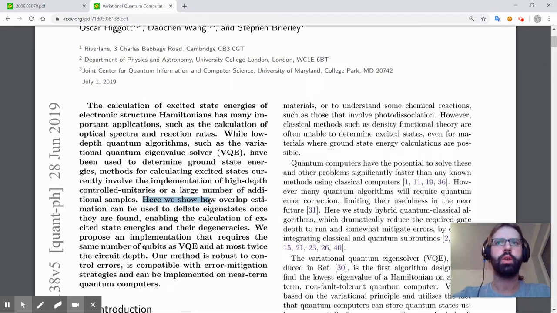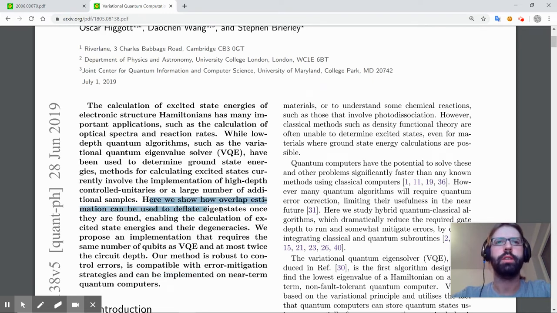Here we show how overlap estimation can be used to deflate eigenstates once they are found, enabling the calculation of excited state energies and their degeneracies. We propose an implementation that requires the same number of qubits as VQE and at most twice the circuit depth. Our method is robust to control errors, is compatible with error mitigation strategies, and can be implemented on near-term quantum computers.